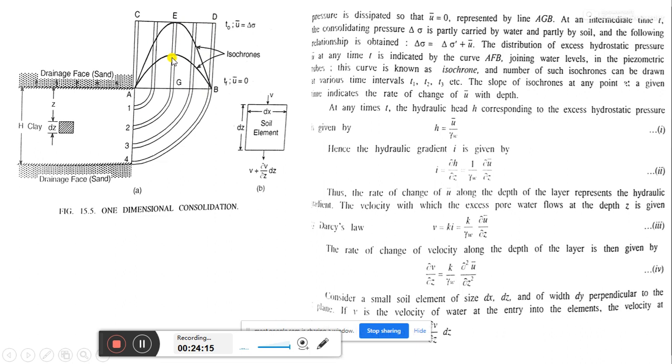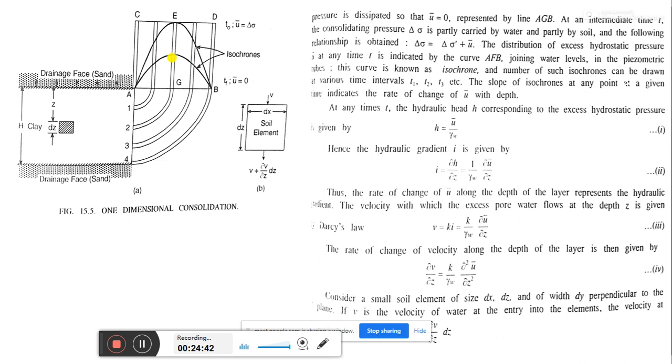So AFB joins the water levels in the piezometric tubes. This curve is known as an isochrone. This isochrone is not important to us; this is totally a fluid mechanics part. And a number of such isochrones can be drawn at various time intervals, maybe t1, t2, t3, etc.